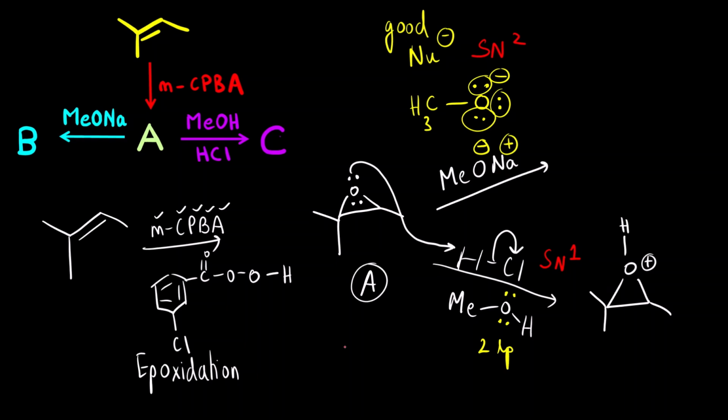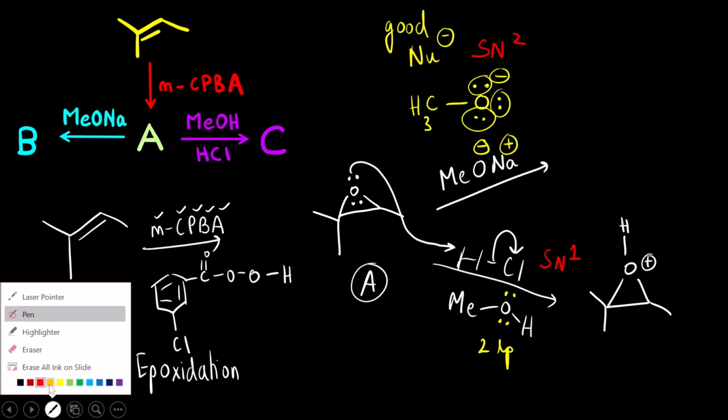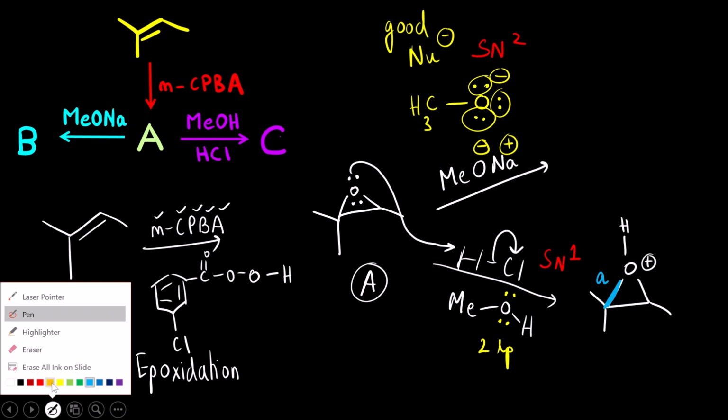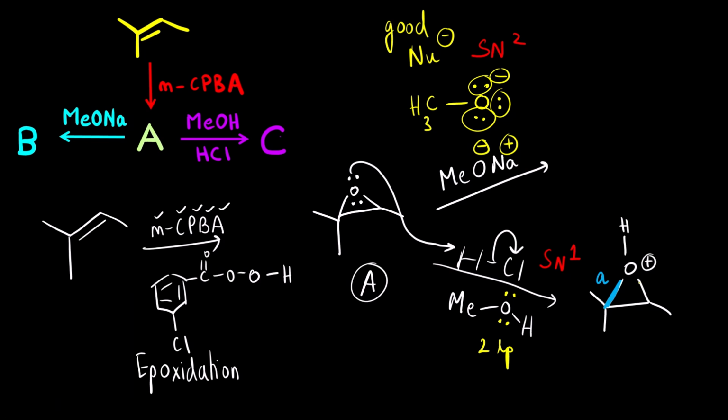Now the question is, here there are two bonds. One is this bond, let's say this is A, and then there is another bond, that is this one, let's say this is B. So which bond will break? Suppose I break this bond A, which carbocation is formed? A tertiary carbocation is formed.